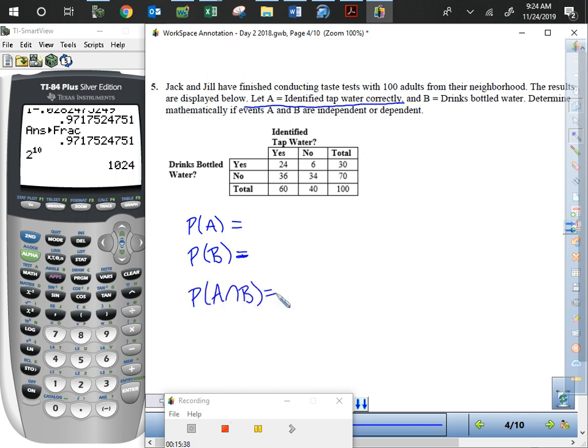Probability of A here, identified tap water correctly. Correctly means yes. So here there were 24 of those who drank bottled water, and then 36 who didn't. But the total here is what we really want to look at, the 60. So we've got 60 over 100, or 0.6.